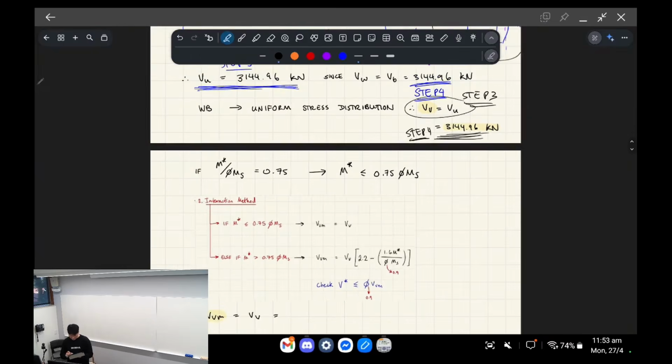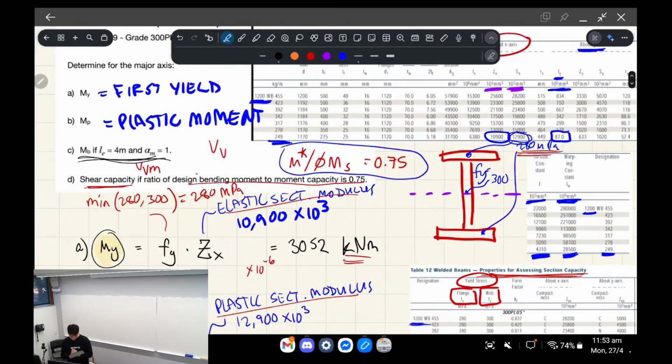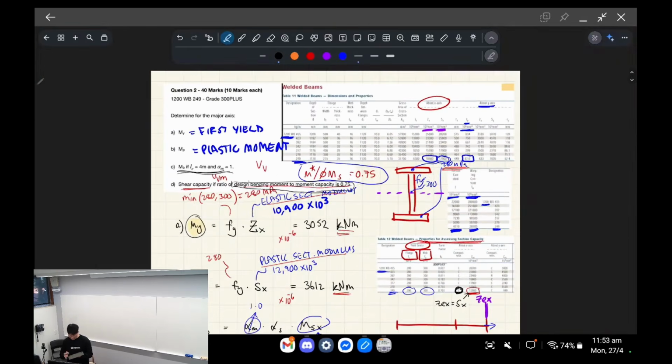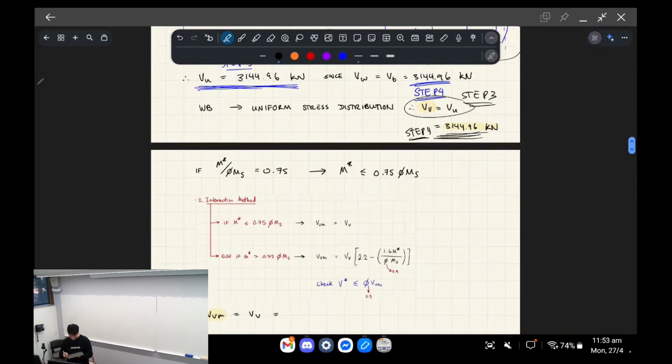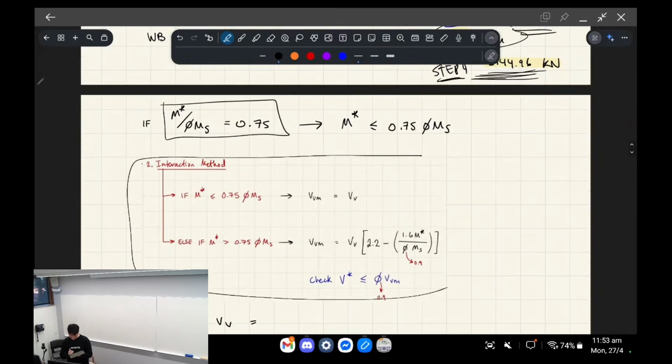Okay, so if I go back to the question and how it was worded, it said that the ratio of the design bending moment to moment capacity is 0.75. So we can use that information now. Again, this is a snip from my notes.